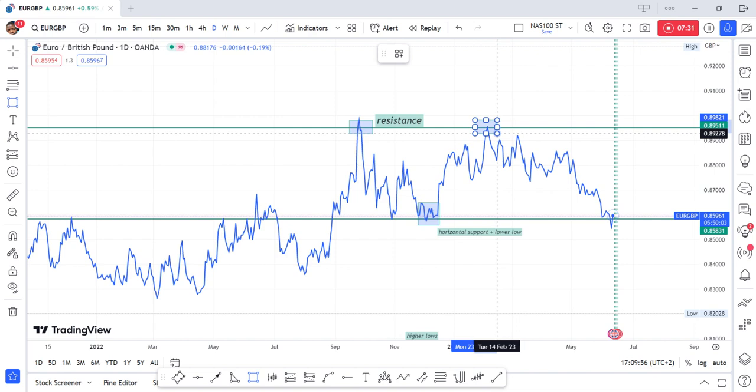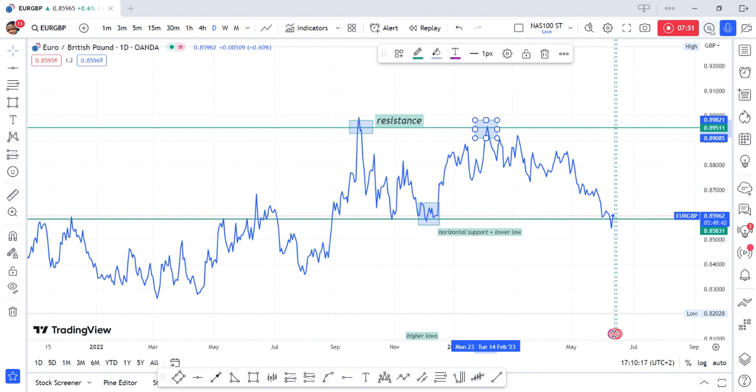And guys, you have to understand order flow. Order flow is very important. There is bullish order flow and bearish order flow. You have to understand the gain momentum and the lose momentum.